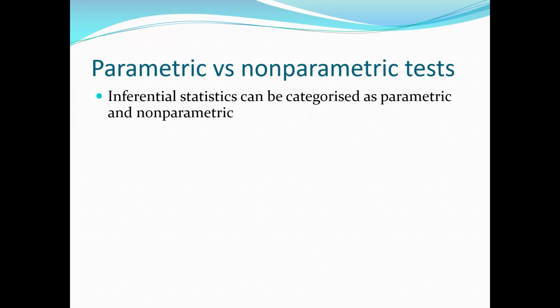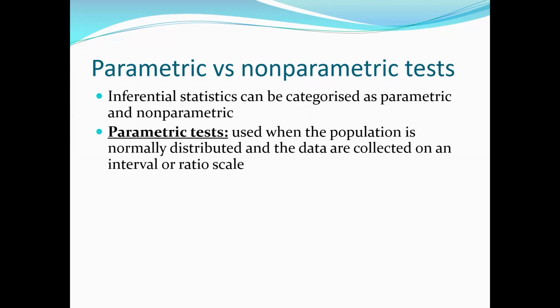What we have seen so far, correlation, regression, t-test, ANOVA, these are parametric tests. Parametric tests are used when the population is normally distributed and the data are collected on an interval or ratio scale. So these 2 types of tests are there.